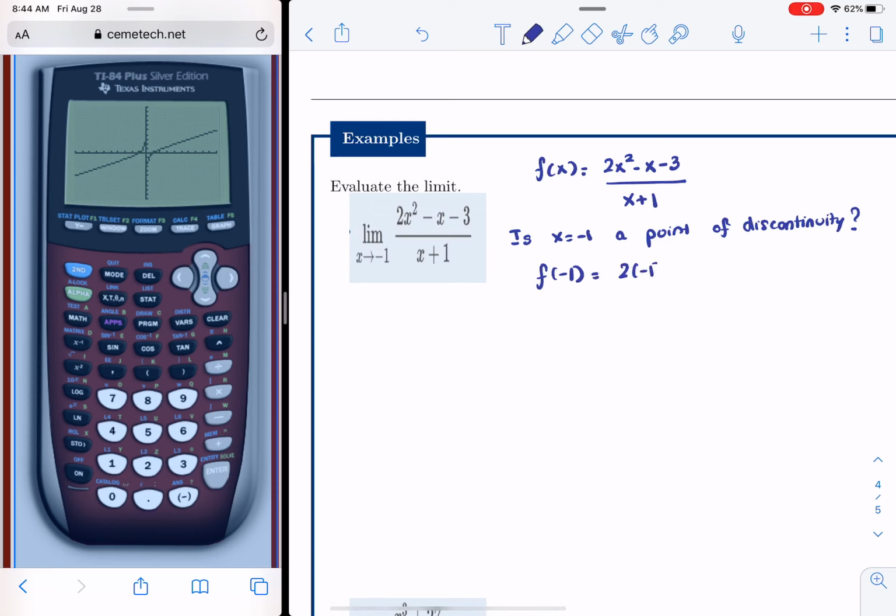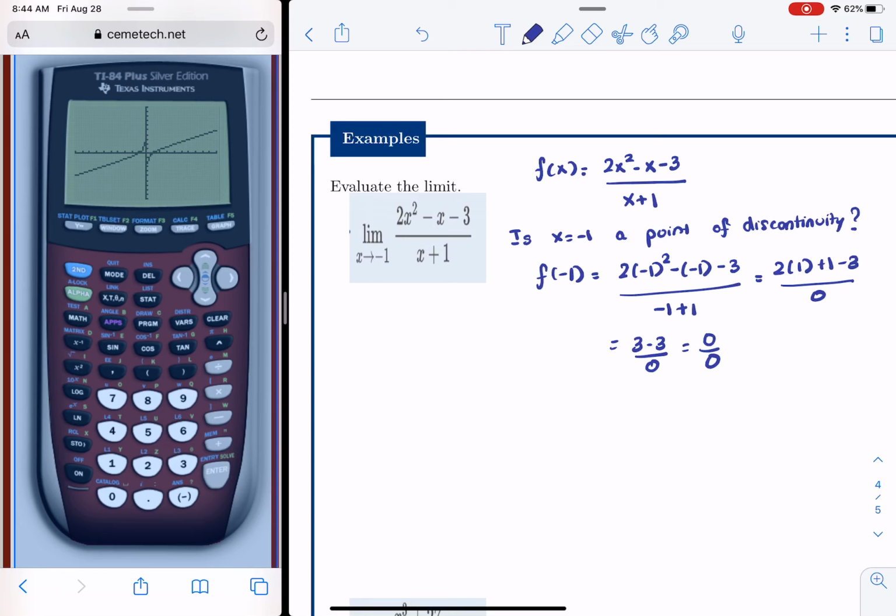We have 2 times negative 1 squared minus negative 1 minus 3 divided by negative 1 plus 1. So you have 2 times 1 plus 1 minus 3 divided by 0. 3 minus 3 over 0, you get 0 over 0.